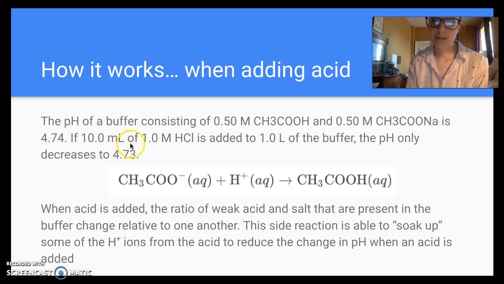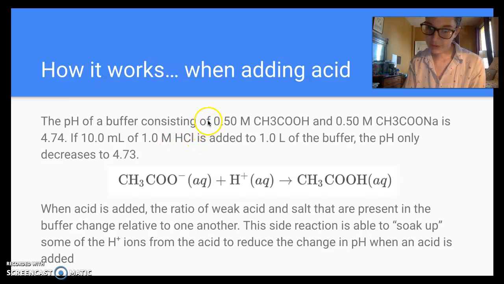If 10 mLs, which is much more than the 1 mL, of 1 molar, more concentrated, HCl is added to 1 liter of this buffer, the pH only decreases to 4.73. So not a big change at all, even though we're adding much more and more concentrated acid.